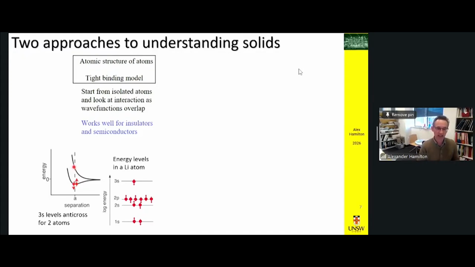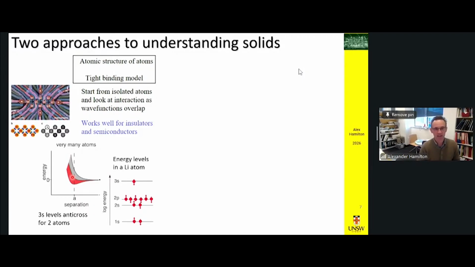If you keep adding not just 2 atoms, but 3 atoms, 4 atoms, 5 atoms, you end up with a continuum of allowed energy levels at this separation, and that band is half filled, and a half filled band is a metal. So this tight binding approach works very well for insulators and semiconductors, but it's a little bit difficult to do with pen and paper.